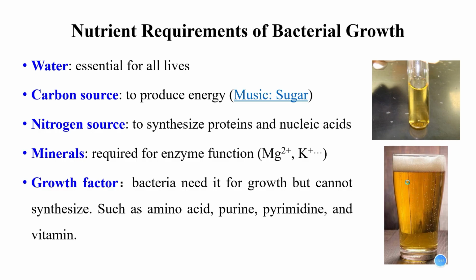And in everyday life, sometimes if you want to prevent bacterial replication or bacterial contamination, you can just remove the water. Can anyone give some example? Remove the water, you can keep bacteria out of your life.